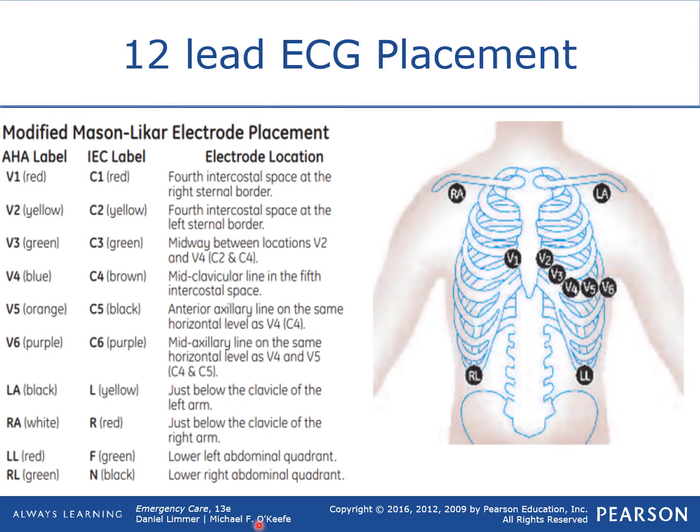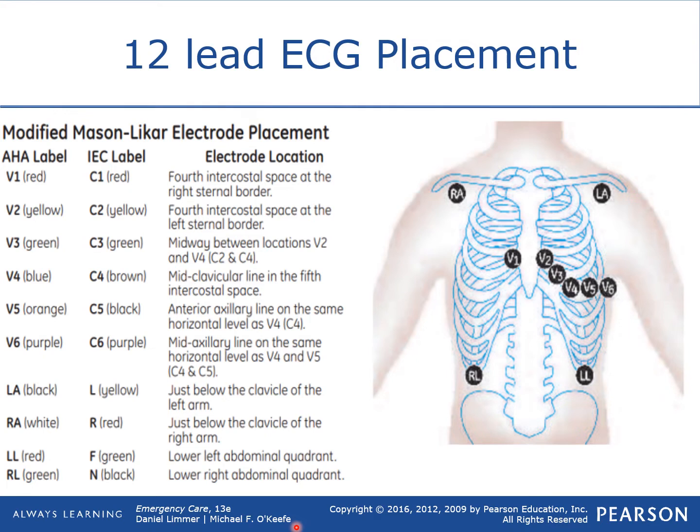They make it pretty easy. So you have RA, which stands for right arm, LA, which stands for left arm, RL, which stands for right leg, and then LL, which stands for left leg. So those are our 4 limb or trunk leads. When you put those 4 leads on, you will end up getting a tracing.